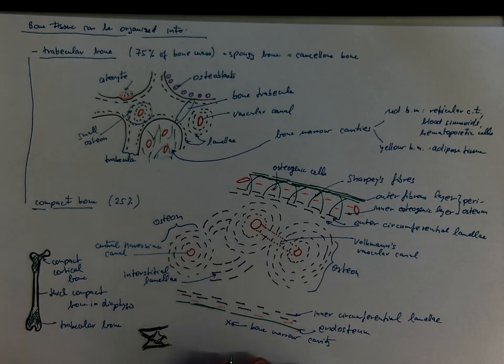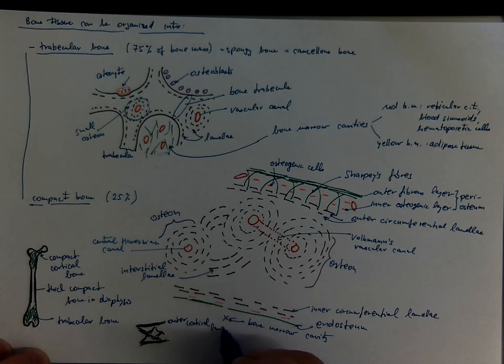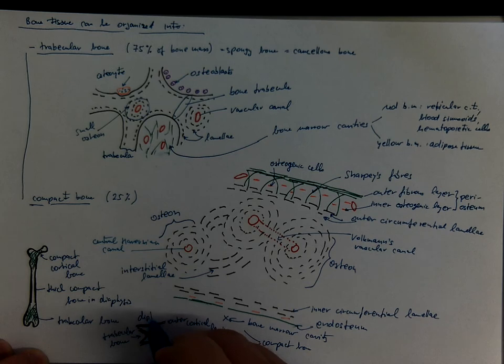So this outer cortical lamina and the inner cortical lamina are made of compact bone, and the center is occupied by the spongy bone, by the trabecular. And this organization is called the diploe.